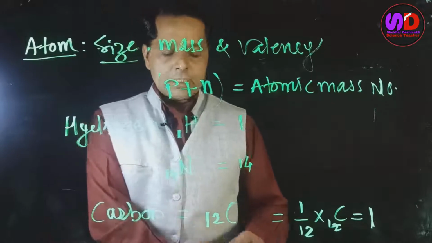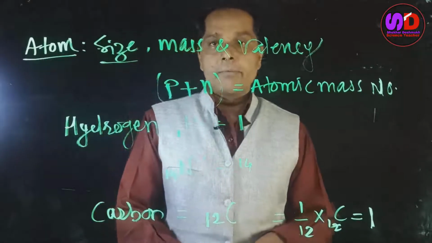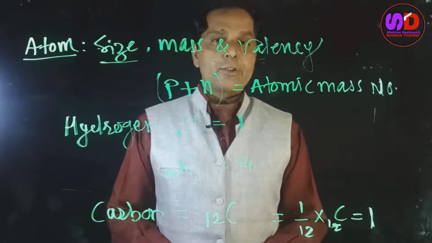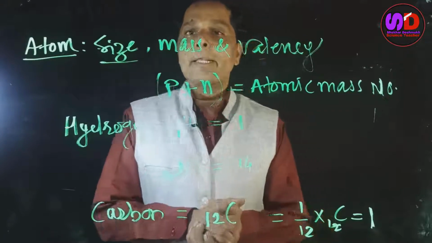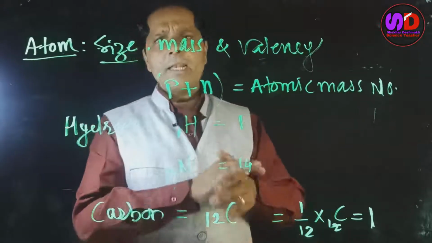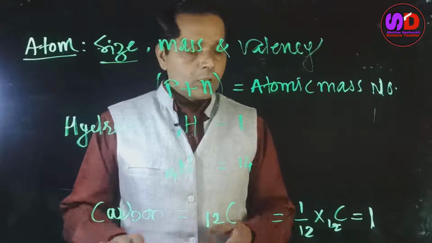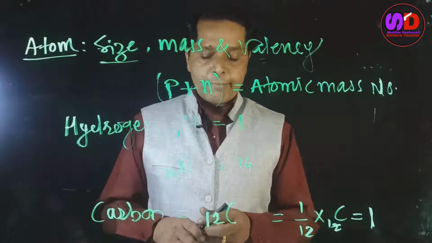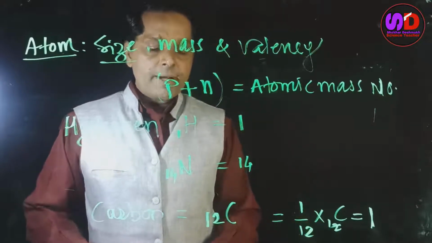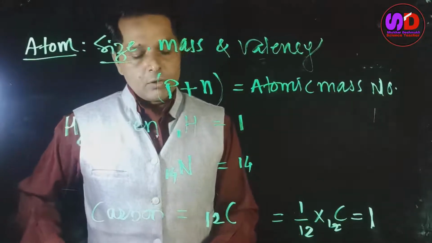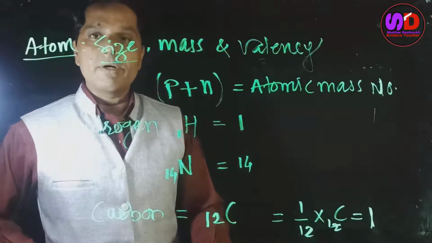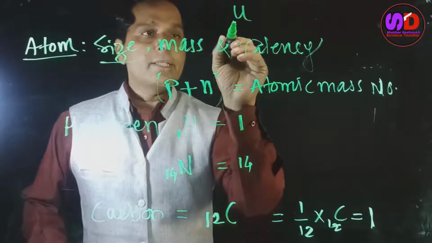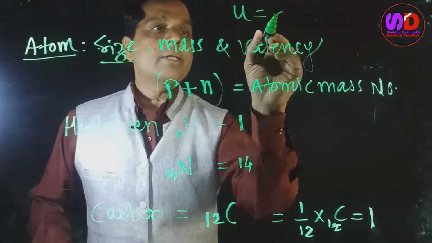So this is about the mass of an atom, and as for the unit of mass, we cannot measure it in kilograms or grams because it is very light. So the unit of mass is measured by the unified mass, which is accepted by everyone, and this is denoted by U, and this U is called Dalton.